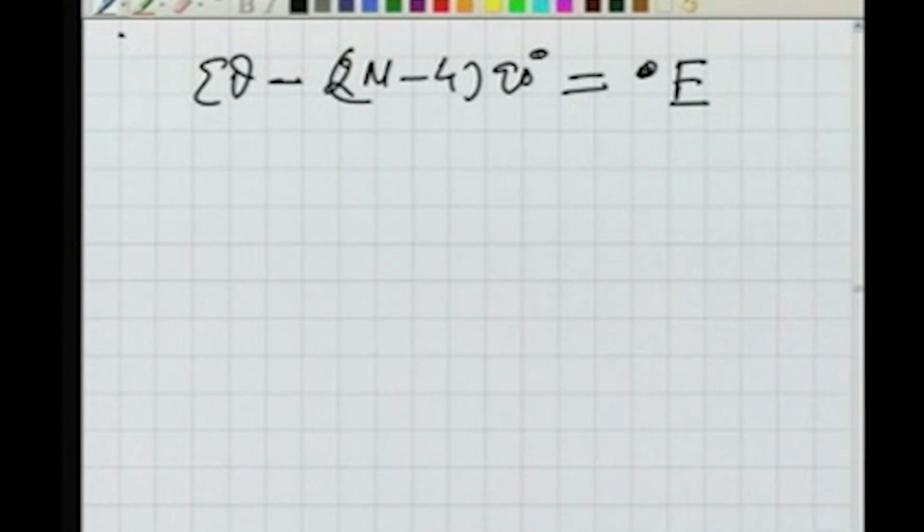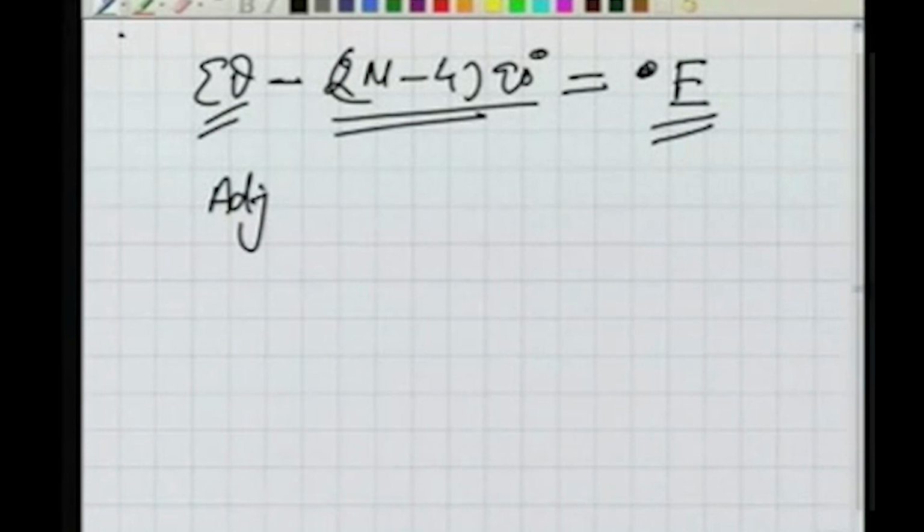To apply the correction, we find the sigma theta and (2n minus 4) into 90, where n is again the number of sides, and the difference of these two, let us say, is capital E. So capital E is the total error in the angles, the internal angles.